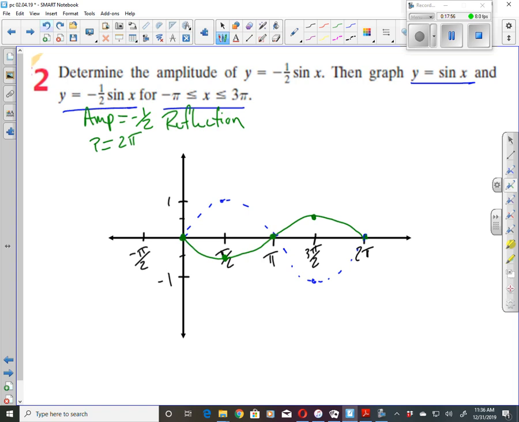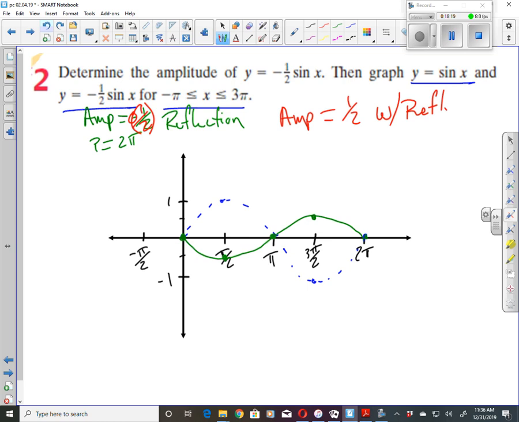Now I need to make something clear because I sort of misled you. This should not be here. The amplitude is 1/2, positive 1/2, with a reflection.